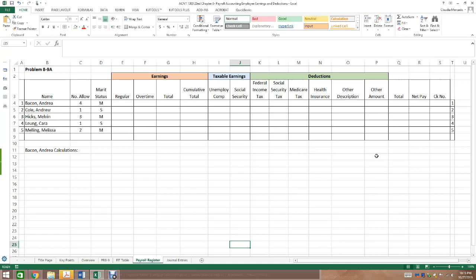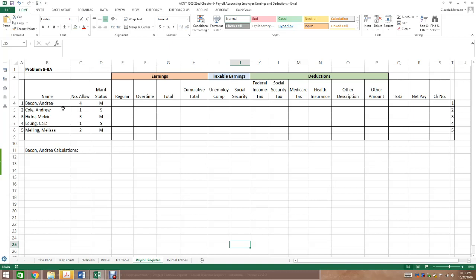That way you can solve them on your own and compare your answers with what I have provided, and use it as guidance. I will do some of the calculations randomly, but don't expect me to go through every single calculation for all 5 employees. The concept is the same. If you get it for one, you should repeat the same steps, just using the different amounts. So let's get started.